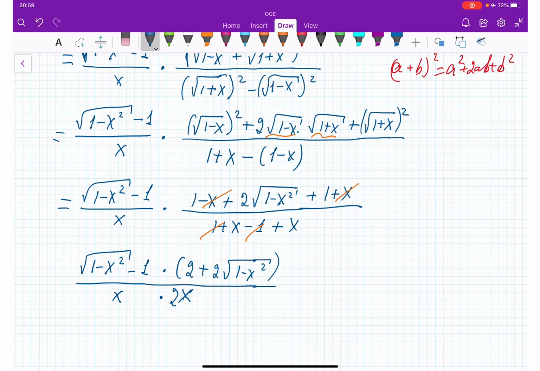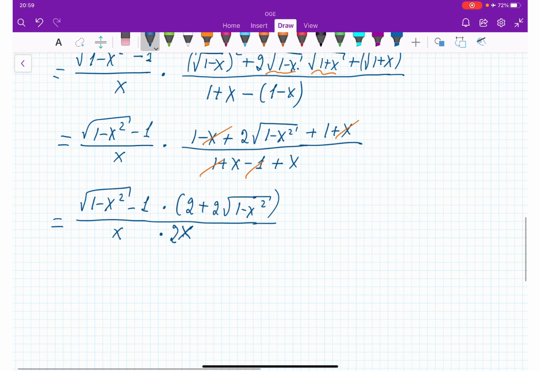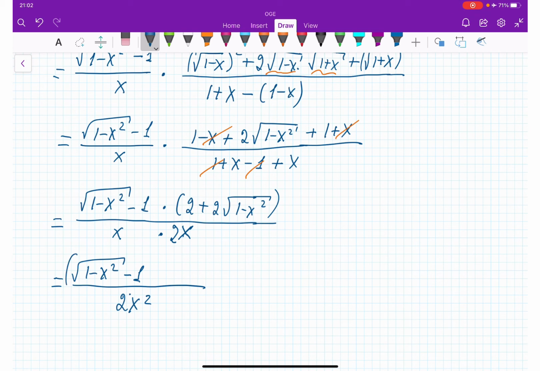So from here I have 1 minus x squared minus 1. Here we have 2x squared, right? Multiplication. And here, taking 2 out, I have 1 plus 1 minus x squared.